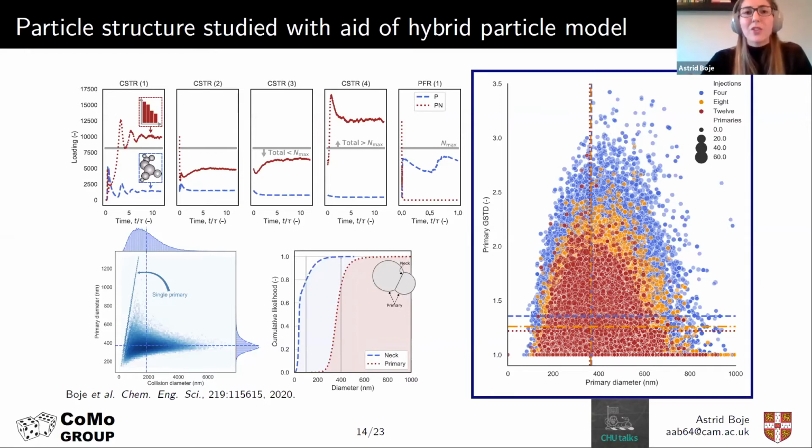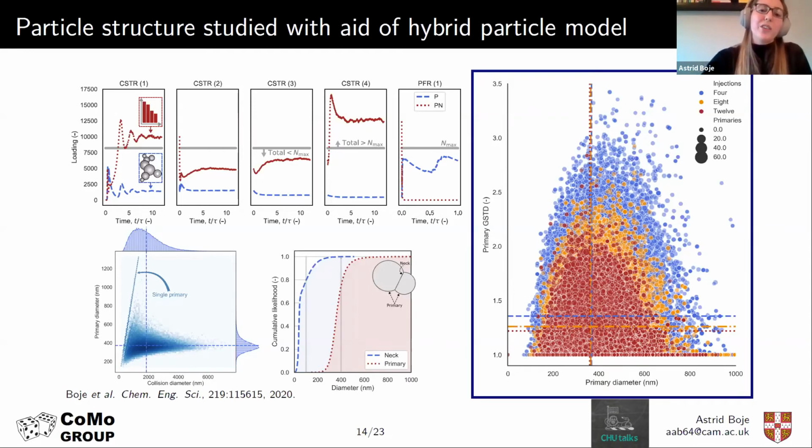So we can use this added simulation efficiency to explore a wider range of interesting process conditions. And in particular, one of the things I looked at was what happens if you vary the spatial frequency of the precursor injections. And that's shown on the right-hand side here. So as we move from blue dots to orange dots to red dots, that's increasing the spatial frequency of injections.